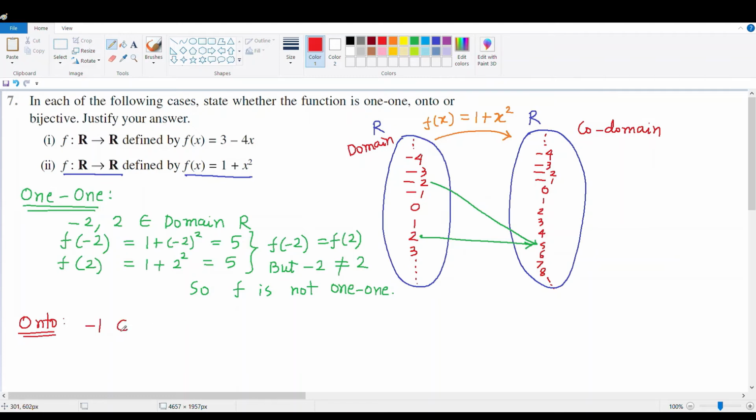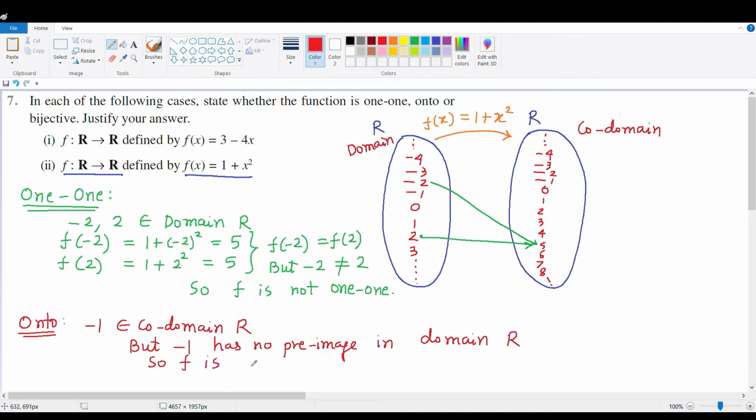So negative 1 belongs to codomain R, but negative 1 has no pre-image in domain R, so f is not onto, right?